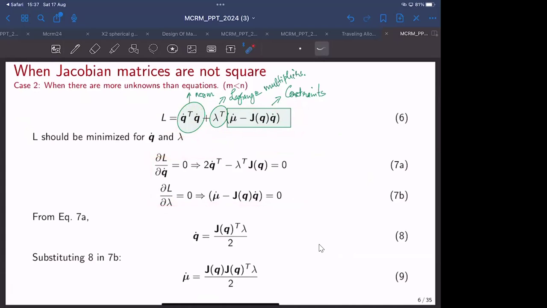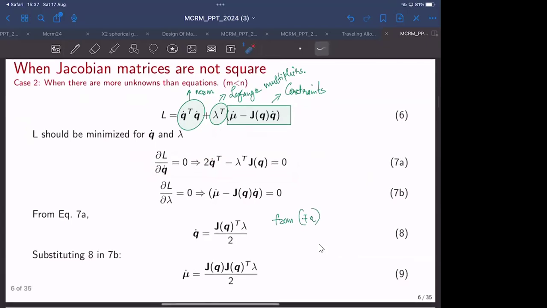From equation 7a, you have to determine q dot in terms of lambda. So I'll write it over here. Taking the transpose of 7a, I take this term to the other side of the equation, and if I take the transpose of this term, what will you get?